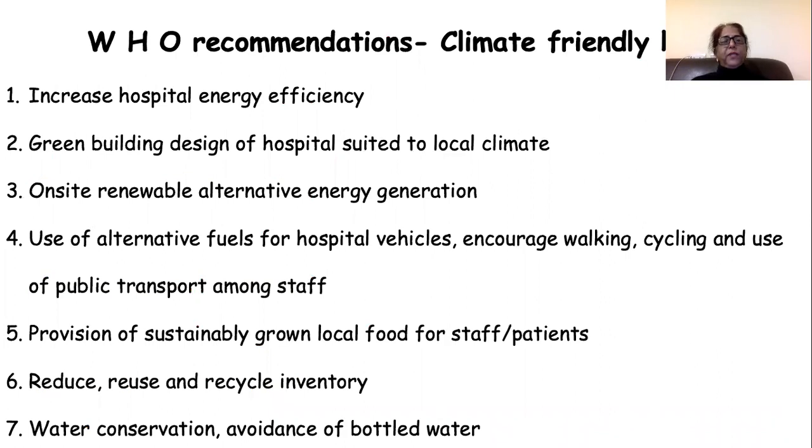The WHO recommends that hospitals should be climate friendly. They should increase hospital energy efficiency. There should be green building design and renewable on-site energy generation sources. And there should be alternative fuel for the hospital vehicles.